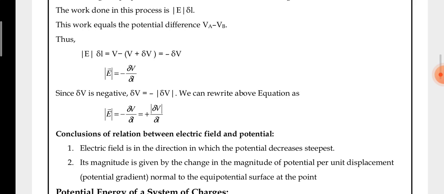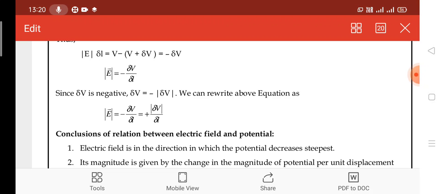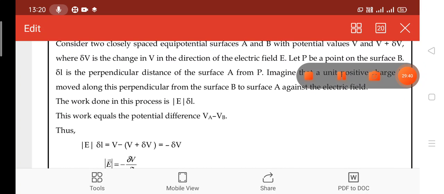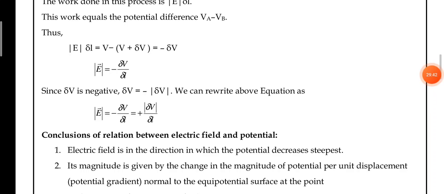So what does the minus sign indicate? The minus sign indicates that we have moved the charged particle from one point to another on the equipotential surface. The negative sign for electric potential we have converted by taking the modulus.